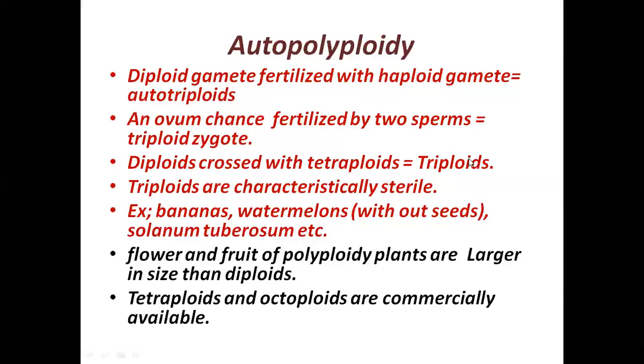Triploids are characteristically sterile. So the bananas and the watermelons that are widely available commercially are sterile triploids without seeds. Economically important triploid plants are propagated asexually and include Solanum tuberosum, etc. The flower and fruit of polyploid plants are larger in size than the diploids, and tetraploids and octoploids are commercially available.